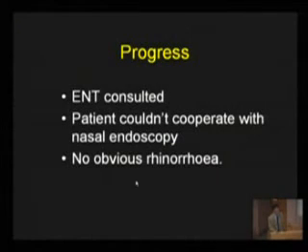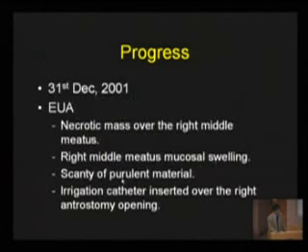So we were consulted with this sort of information available, and the patient was very uncooperative and could not cooperate even with simple nasal endoscopy. But there was no obvious rhinorrhea.